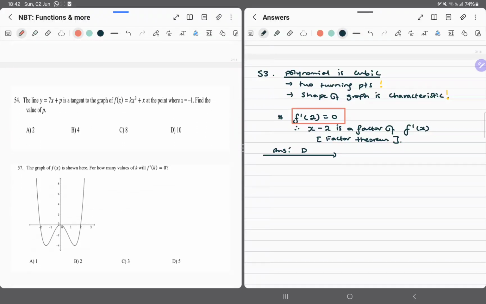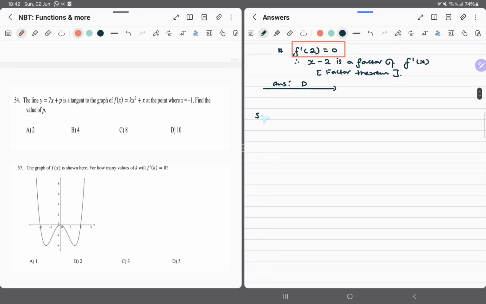Question 54. We are told here that a line y equals 7x plus p is a tangent to f of x equals k x cubed plus x at a point where x is minus 1.